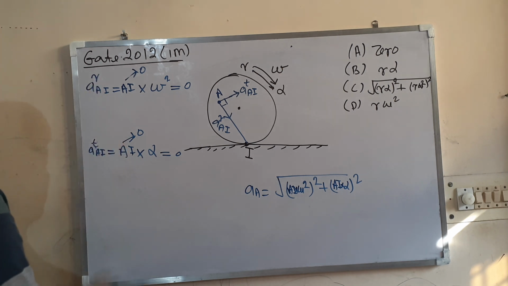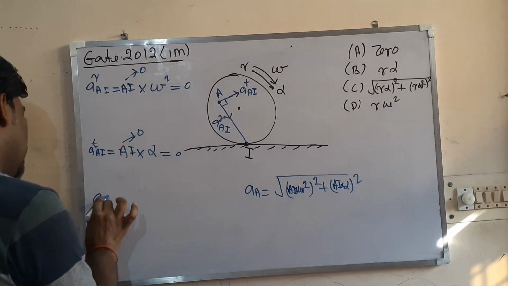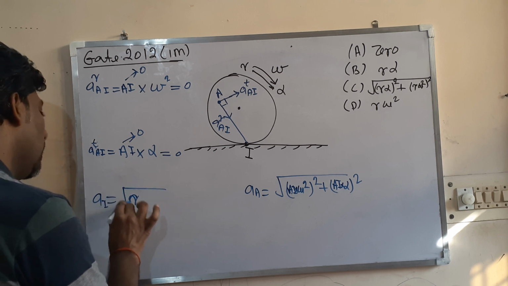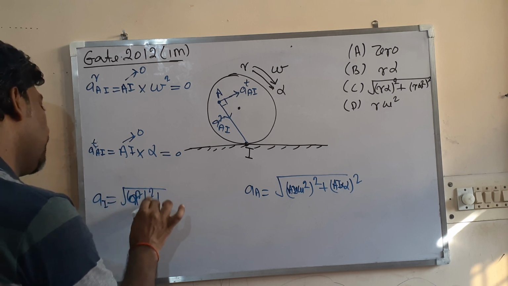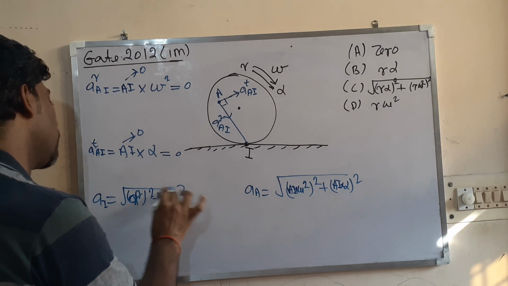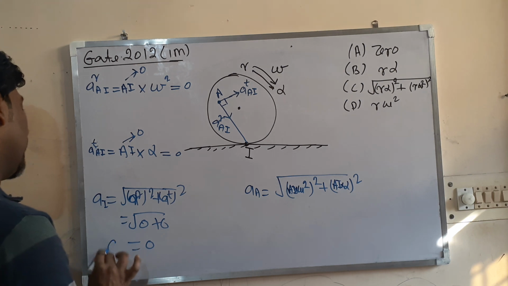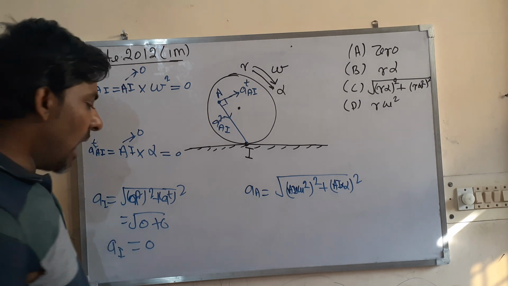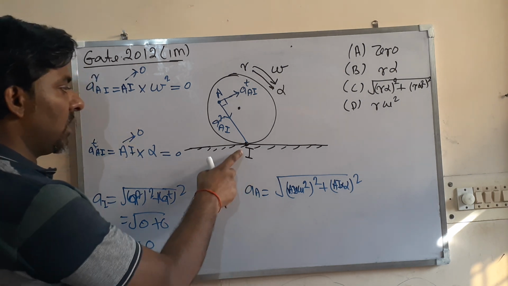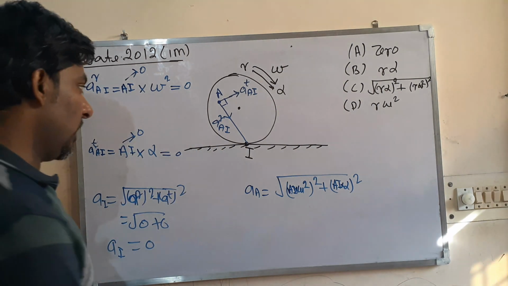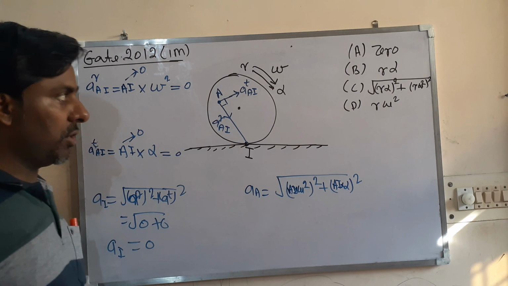When radial becomes 0 and tangential becomes 0, then the net acceleration of this I is the square root of radial square plus tangential square. When both are 0 plus 0, how much will you get? 0. So the answer will be 0. So the acceleration of this point of contact I will be 0.